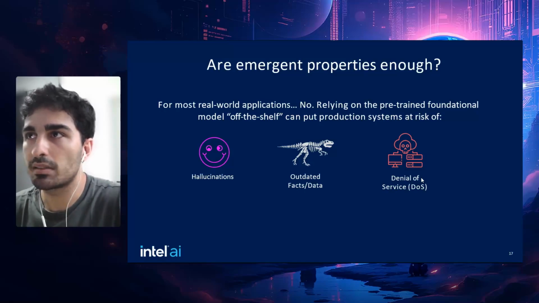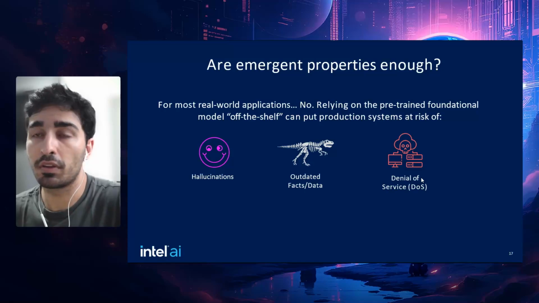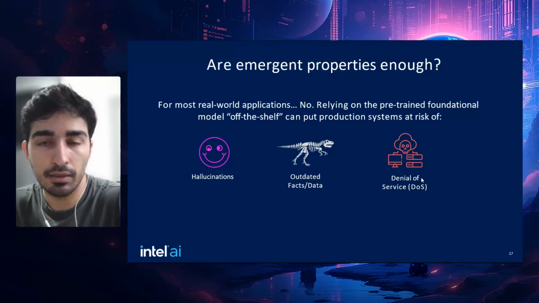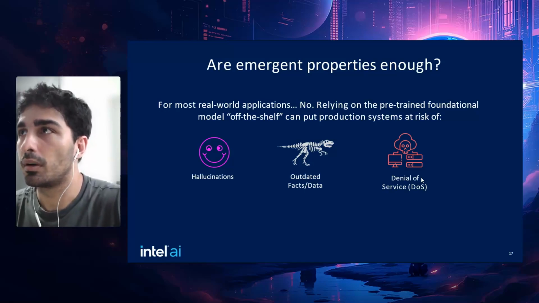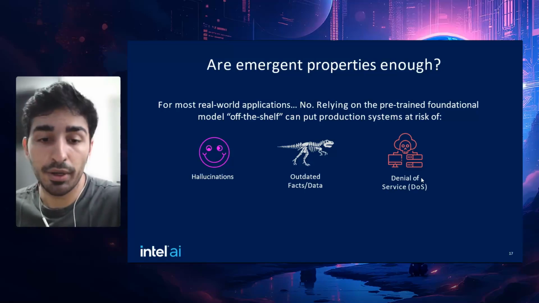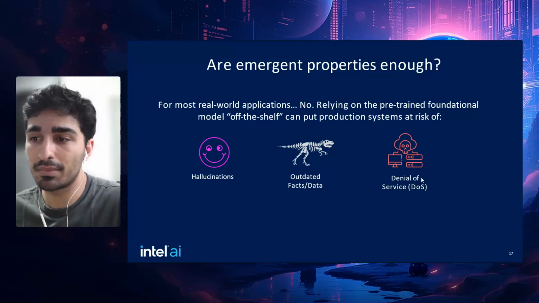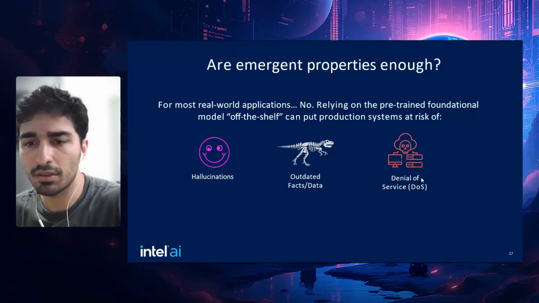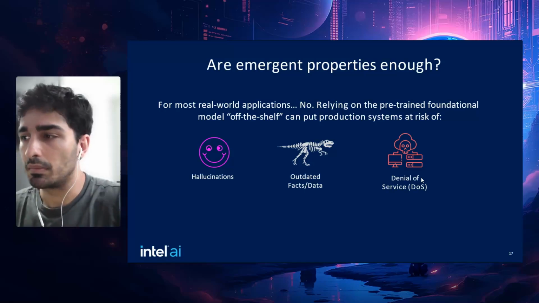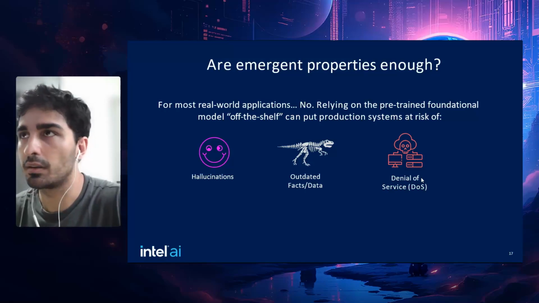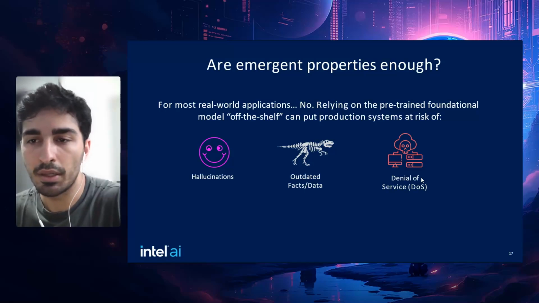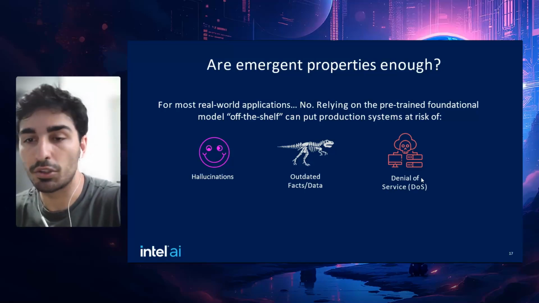And this is something that we want to avoid with this alignment seek that we're gonna talk about later. The other thing is we are also relying on outdated facts, or not even outdated, but sometimes just misleading facts or simply wrong facts that the LLM was trained on.